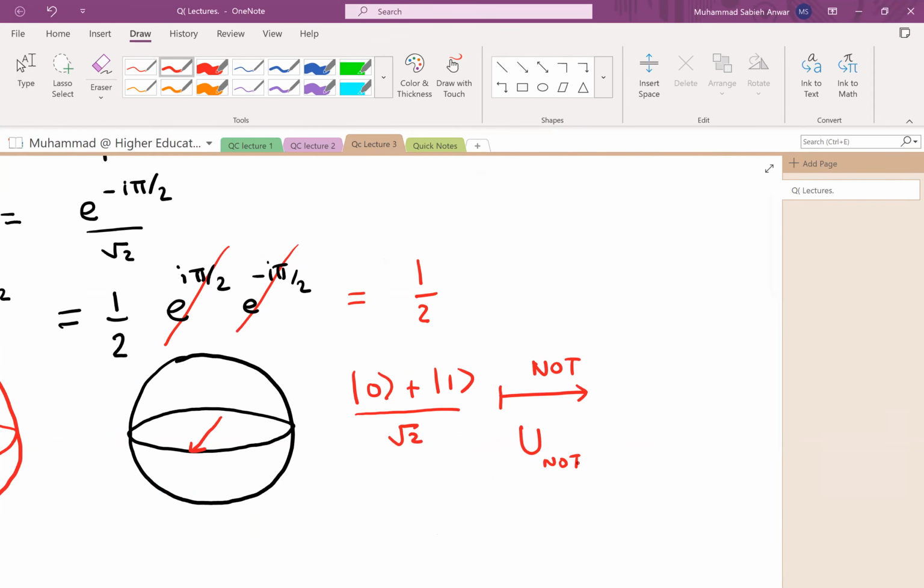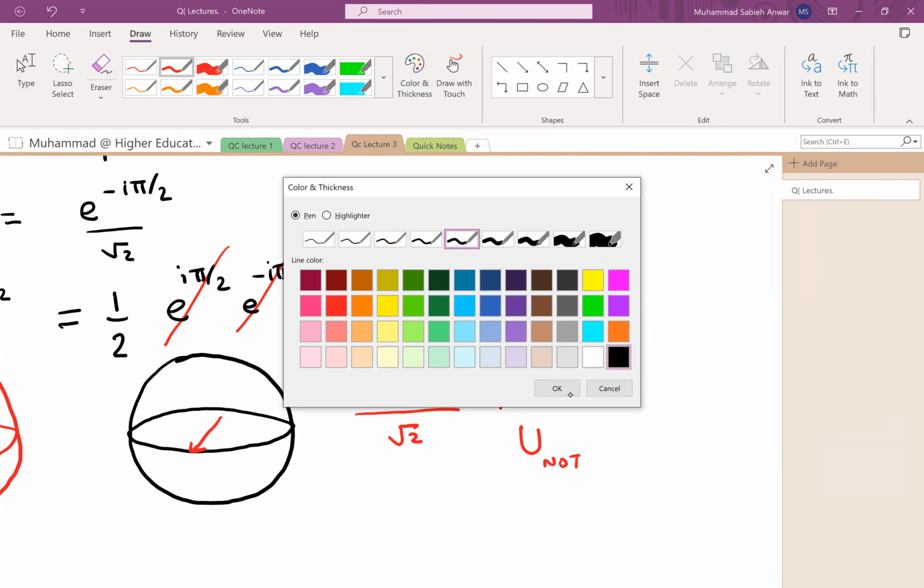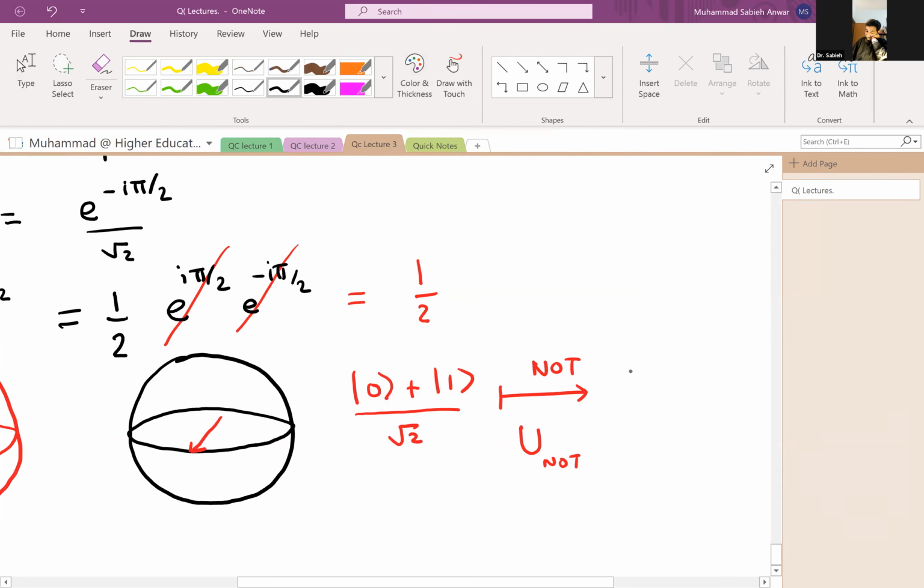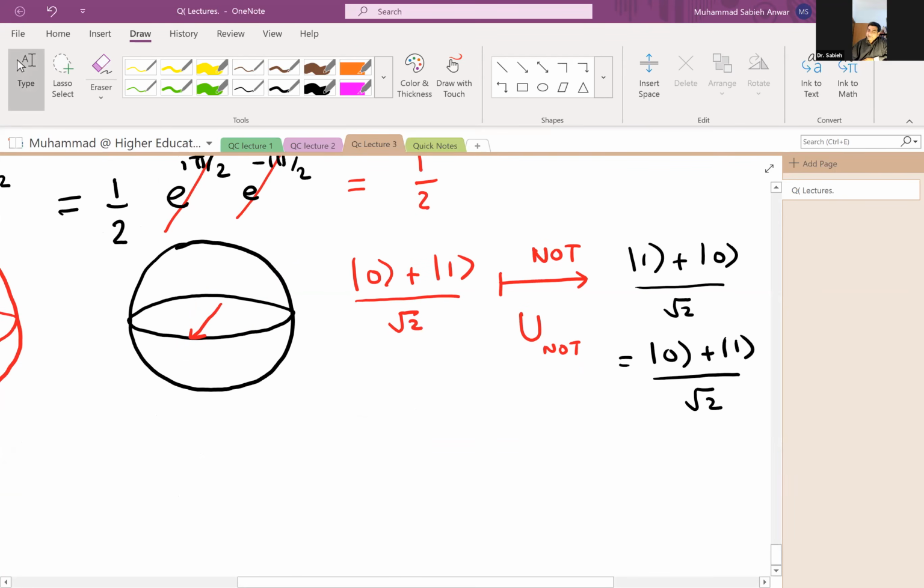Same. It's the same because ket 0 goes to ket 1, ket 1 goes to ket 0, which is just the same superposition, doesn't matter. So this particular kind of state, which is an eigenstate of the unitary operation, is unchanged. It is preserved under the NOT operation.